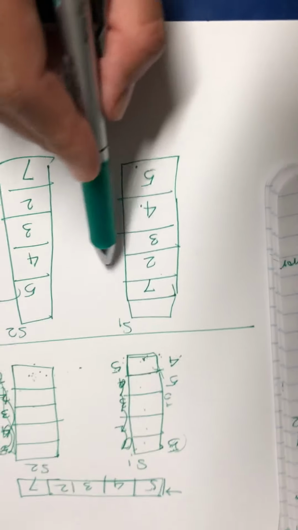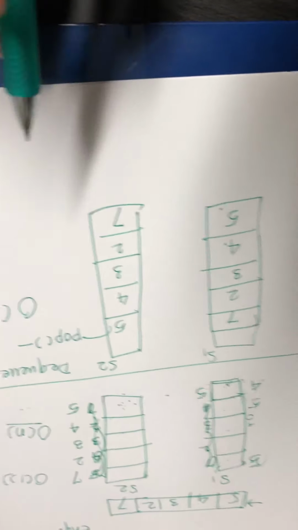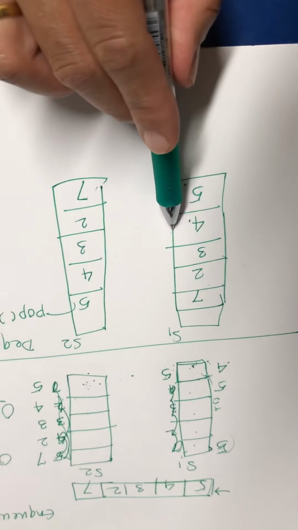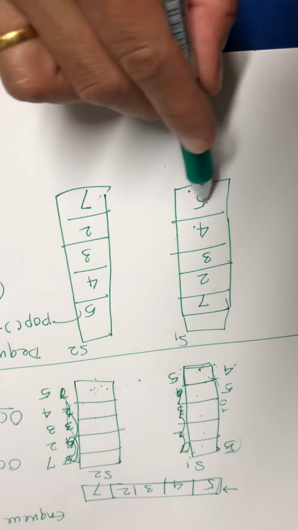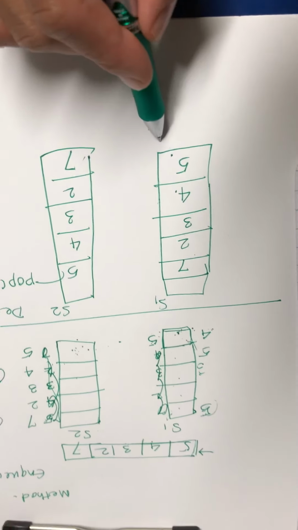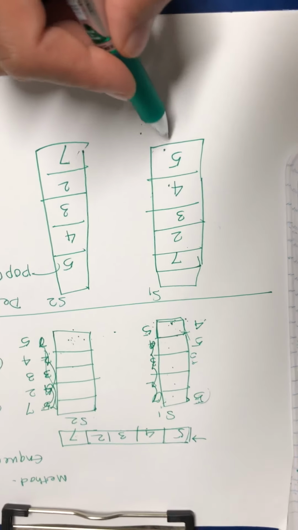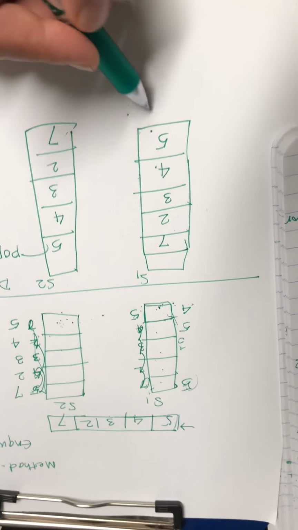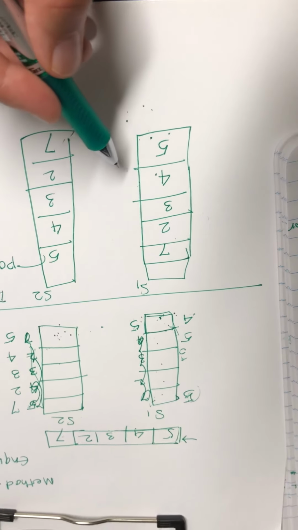Whenever you are adding, our NQ operation has a time complexity of order of 1, but for the DQ operation, it should give me this 5 as the first in first out element as the result. If I want to DQ, then 5 should be given as a result.